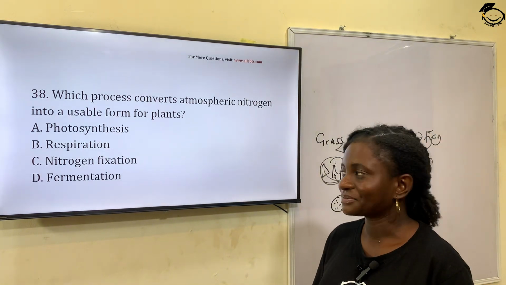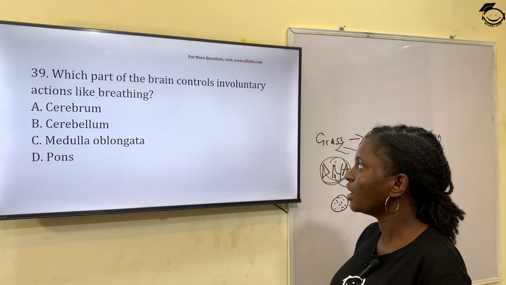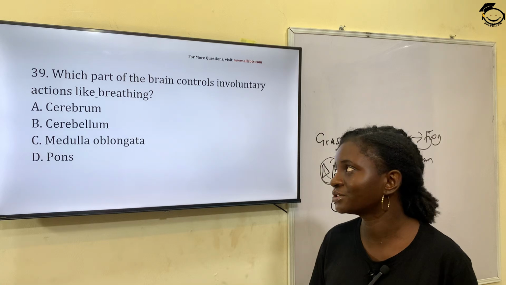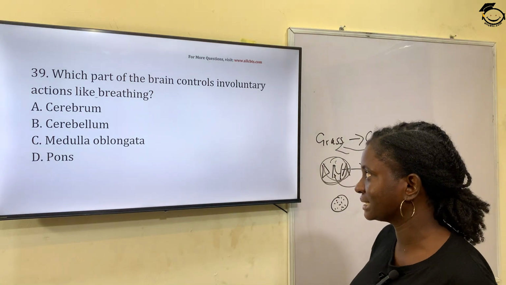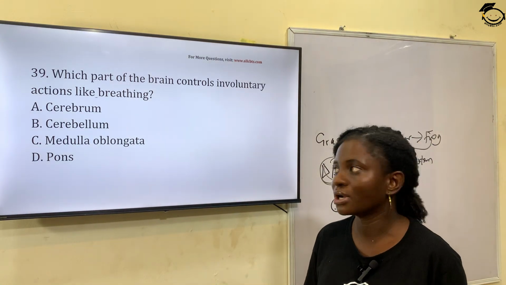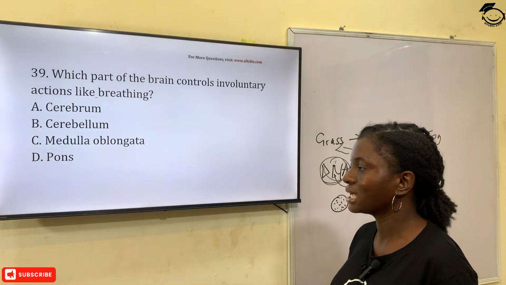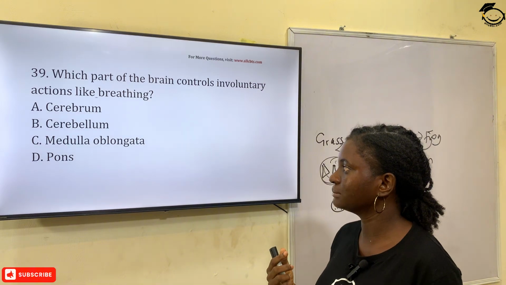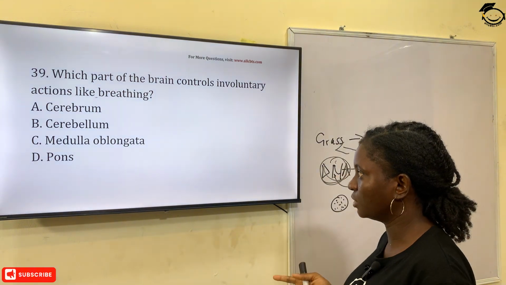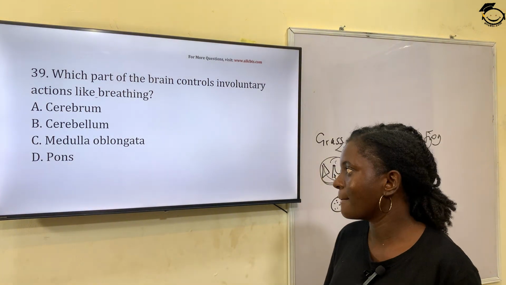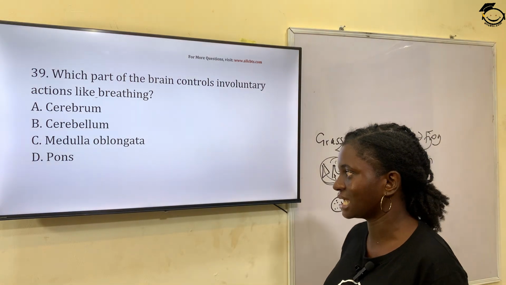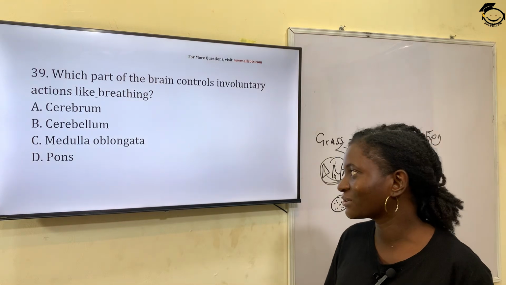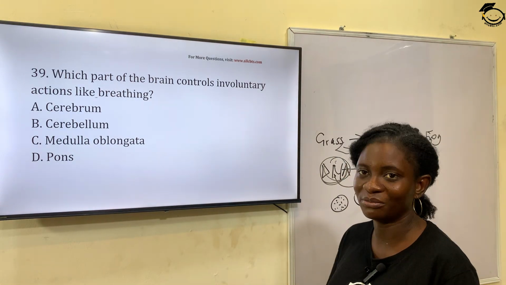Question 39. Which part of the brain controls involuntary actions like breathing? Option A, cerebrum, is involved in cognitive thinking. Option B, cerebellum. Option C, medulla oblongata. Option D, pons. The correct answer to this question is medulla oblongata.